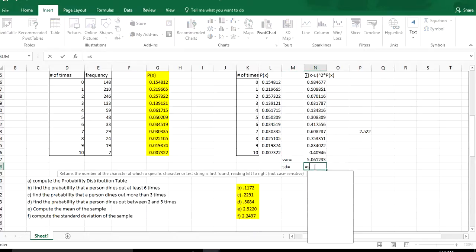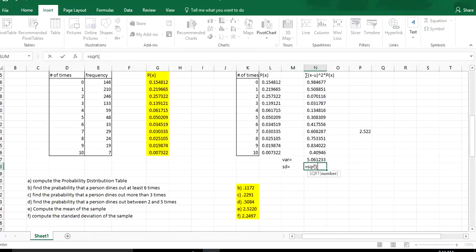So equals square root, bam. All right, you see our answers are the same. All right, for standard deviation, so just remember to put in this formula that you have on your formula sheet as well. Put the numbers in. Always make sure to hold the mean. This number right here is the mean. Make sure to hold the mean. Then once you get the first answer for the first row, just drag it down.